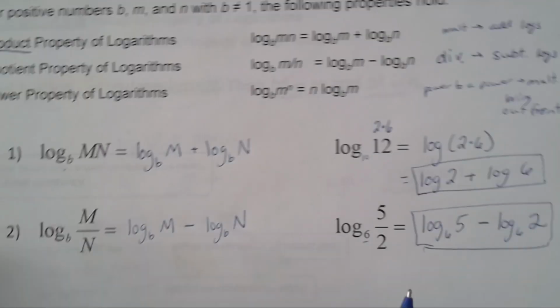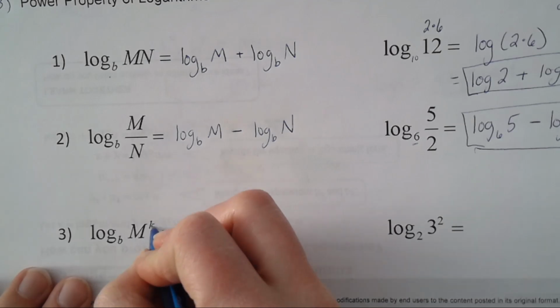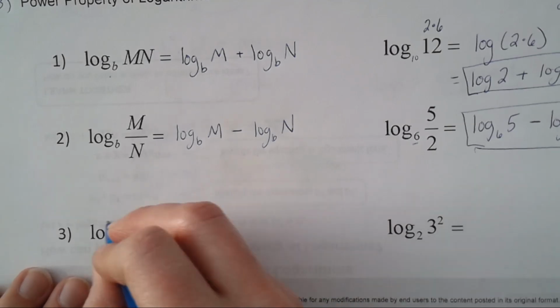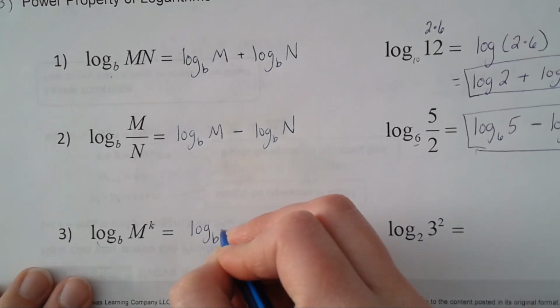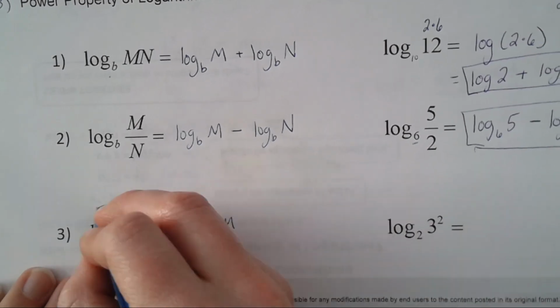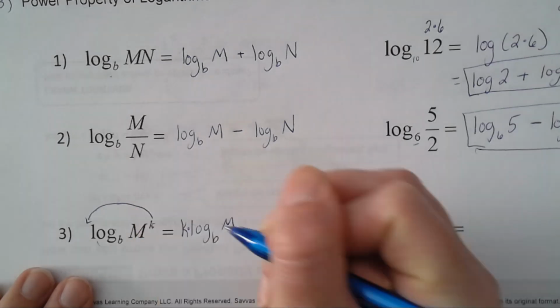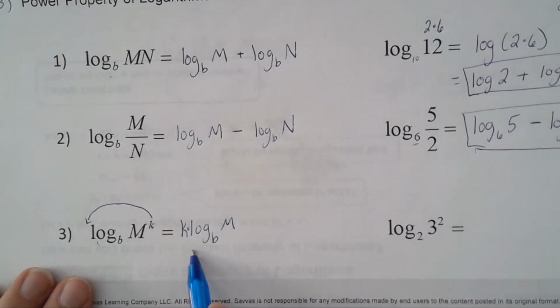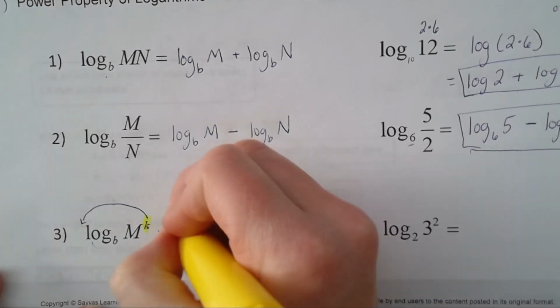Okay, the last one is when we have a power to a power. So right, this would be an exponent to an exponent. So this is like saying log base b of m to the k. This k is going to come out front, and that is going to be multiplied by the log. Okay, so this little k comes out front.